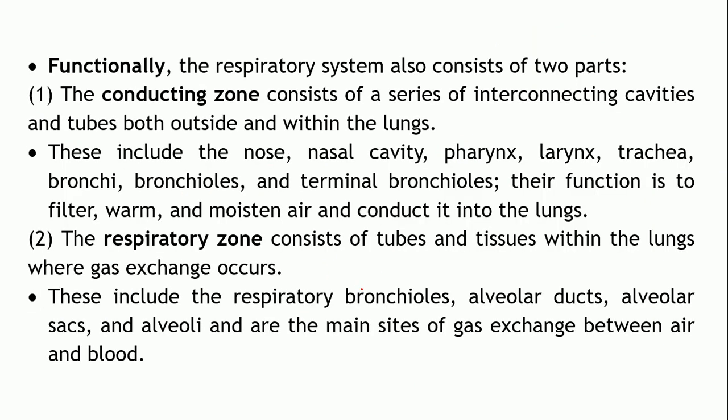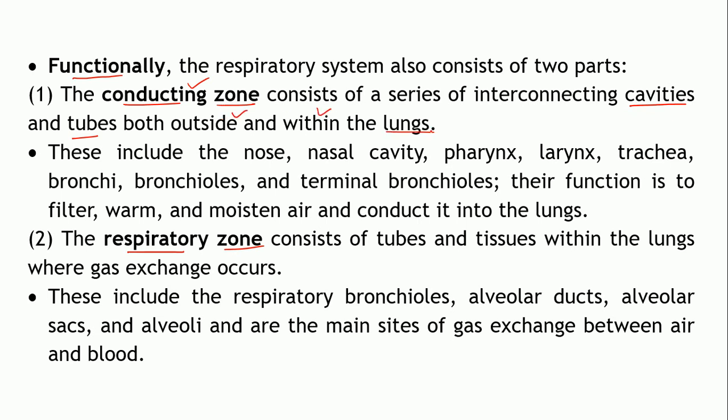Now the respiratory system can also be classified functionally, based on what function it is carrying out. Accordingly it can be divided into two zones, the conducting zone and the respiratory zone. Coming to the conducting zone, this mainly comprises a series of interconnecting cavities and tubes, both outside as well as within the lungs.